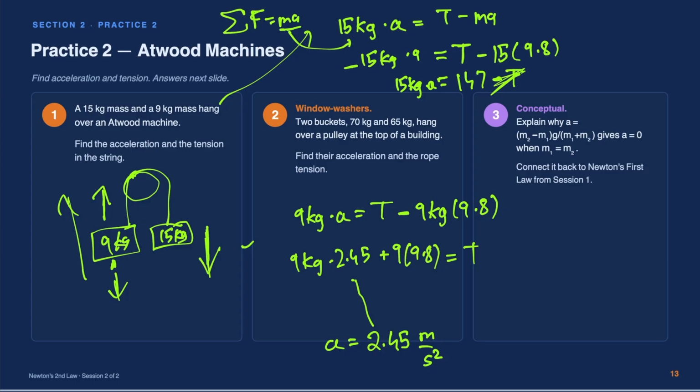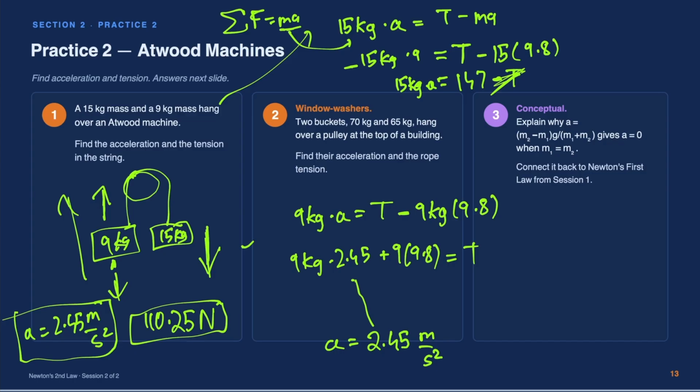That should give me 88.2 plus 9 times 2.45, or 110.25 newtons. And that acceleration is just 2.45 meters per second squared. Okay, pretty neat.